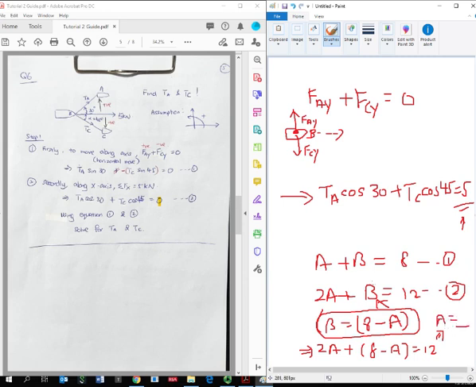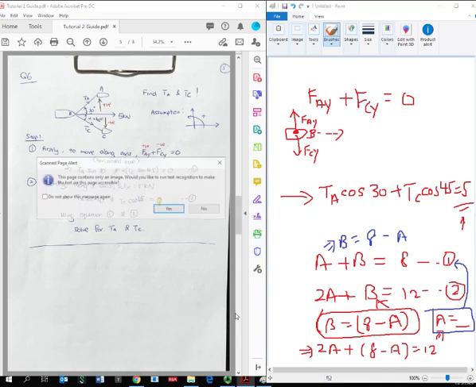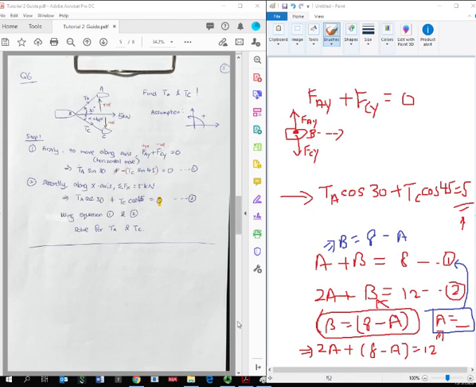Once you find A, you put it back to here, and you find B, because B is 8 minus A. So once you have this simple thing, for this problem also, you find A, you can find C, you can find TA, you can find TC. Okay, next.